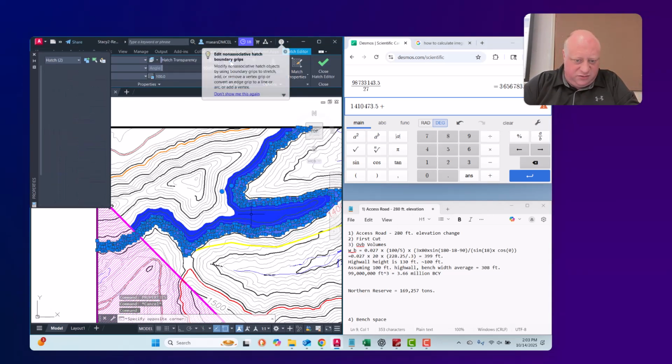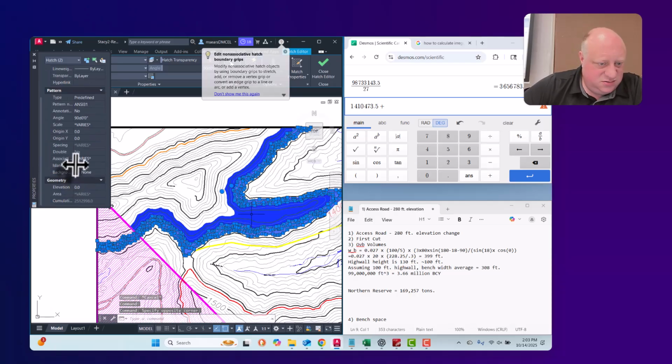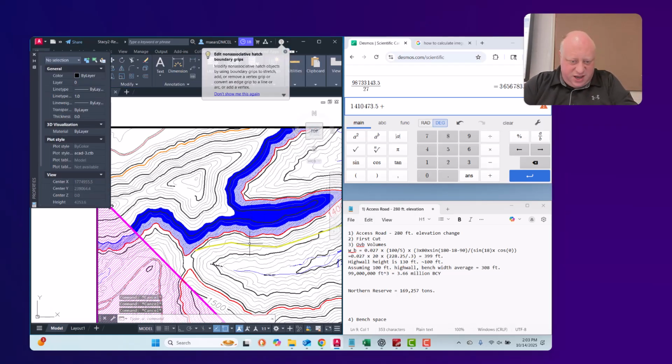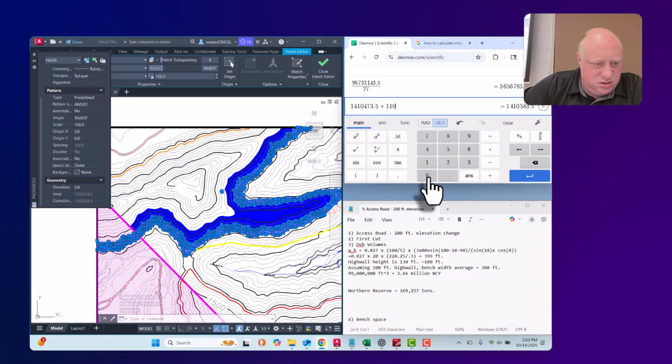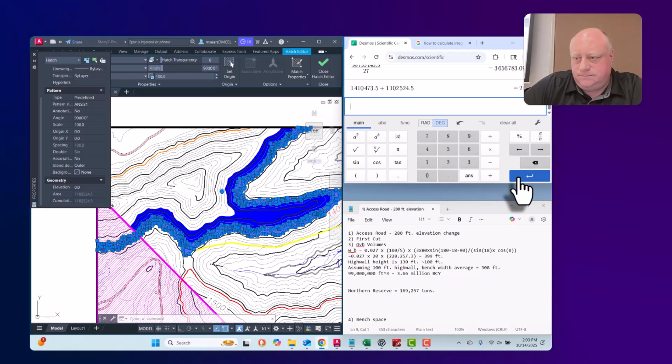Oh, it might do both. Does it do both? No, area varies. Let's add in this one. 110 252 4.5. Sure. And so that gives about 2.5 million.